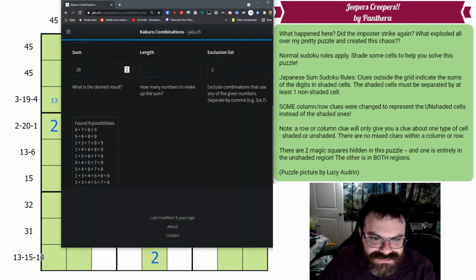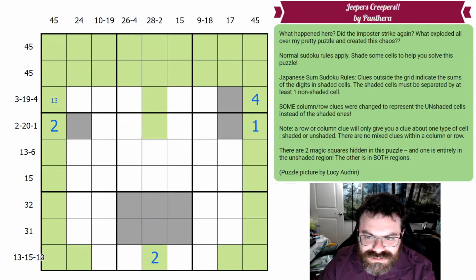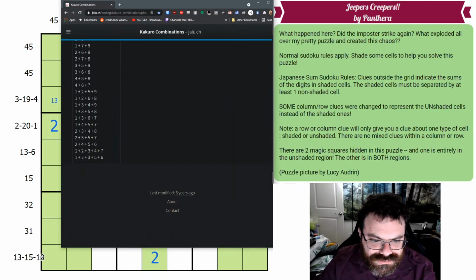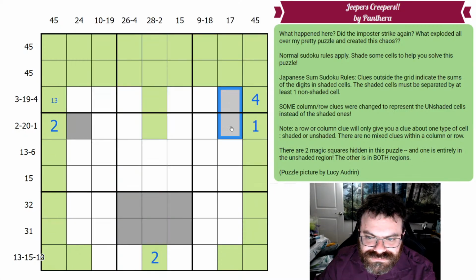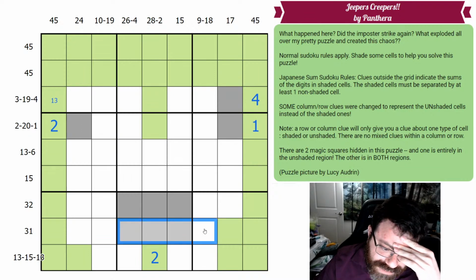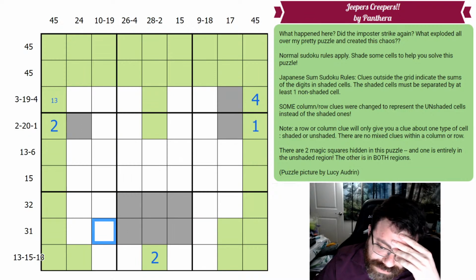Good point. 17 can be... Are we excluding anything? Not really. 17 can be 5 long. So this is green. Does that mean this has to be taken? 31 was 5 long, if I remember. So this is always in then.